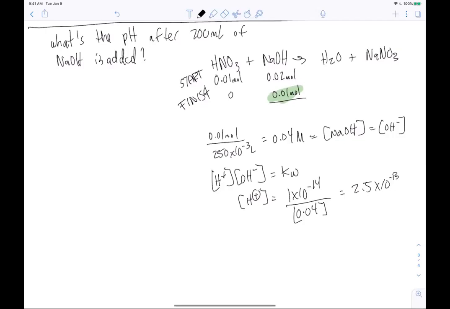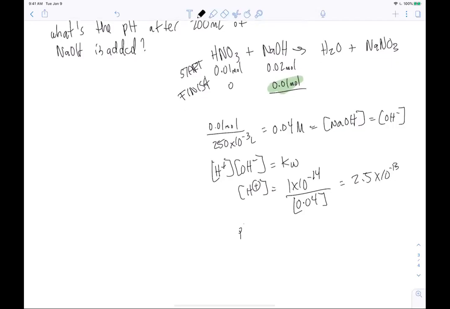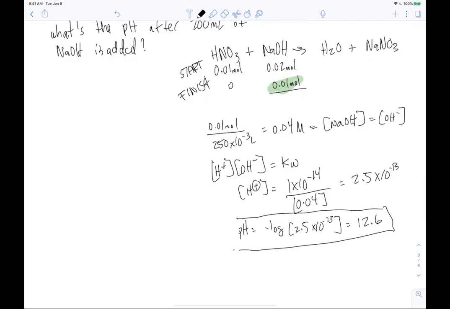And as you'd expect, your proton concentration is very small. If we take the negative log of that, we end up with a pH of 12.6. So now we see that after the equivalence point, our pH is going to be dominated by the base in solution. You're always going to have an excess of base.